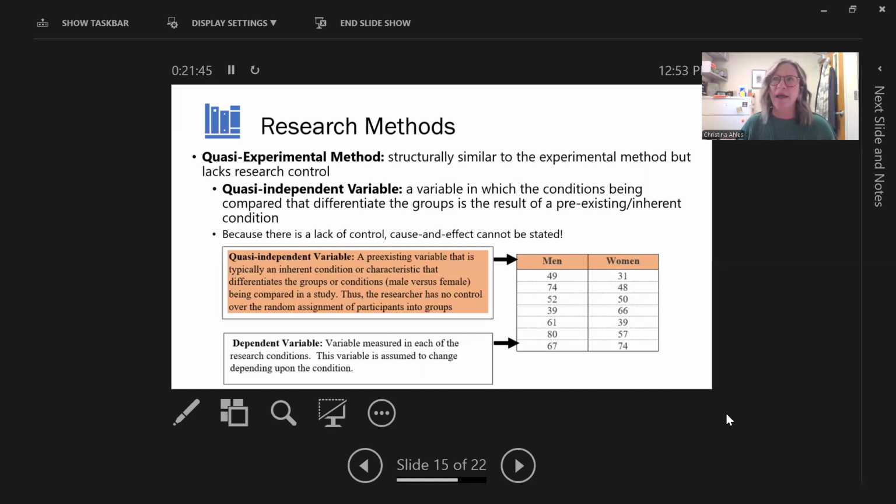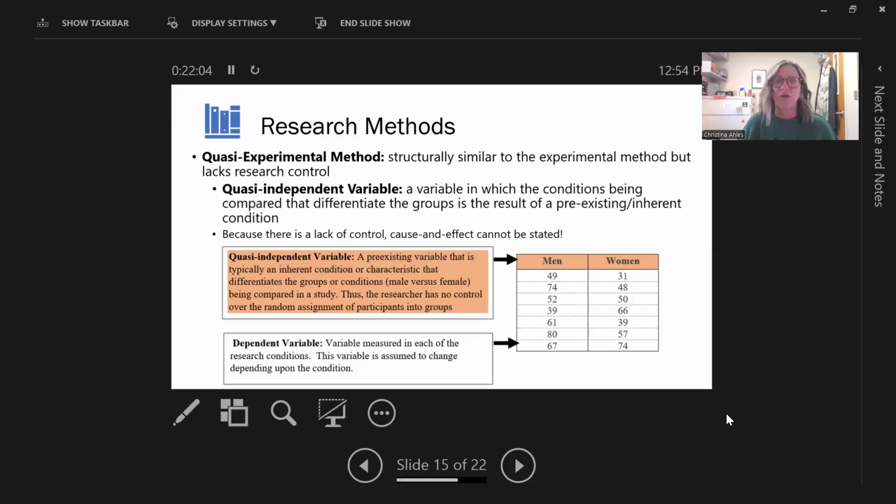So I have no control over whether you have an XX chromosome or XY chromosome. And as a researcher, because I don't have any control of that, I can't randomly assign. Women don't have an equal chance to be in either the men or the women group. They don't have a chance of being in the men.